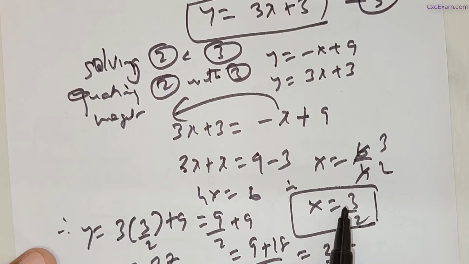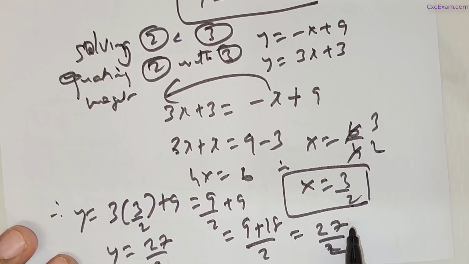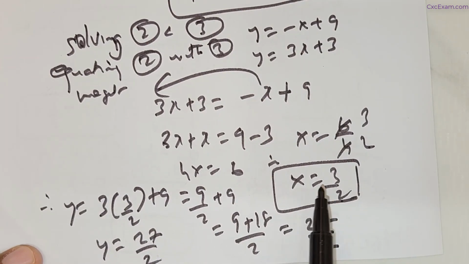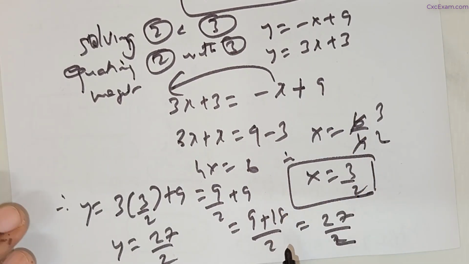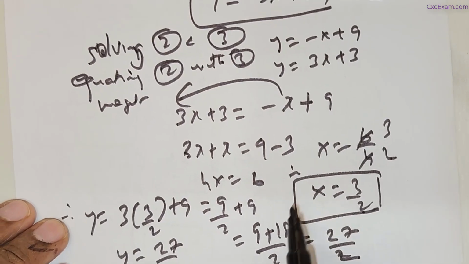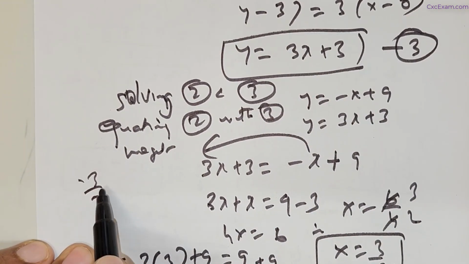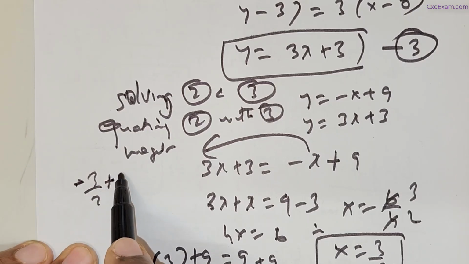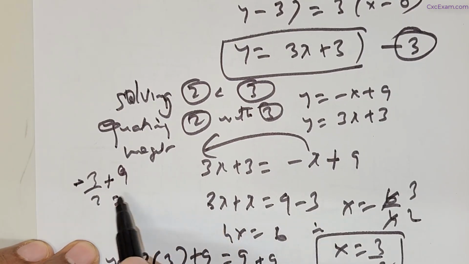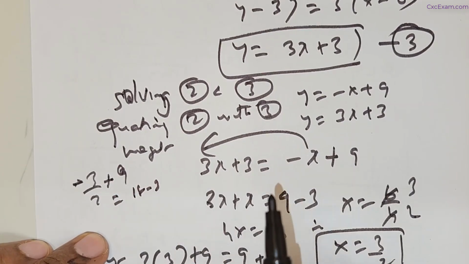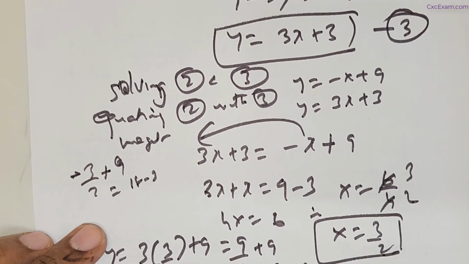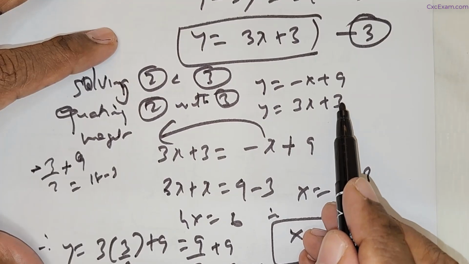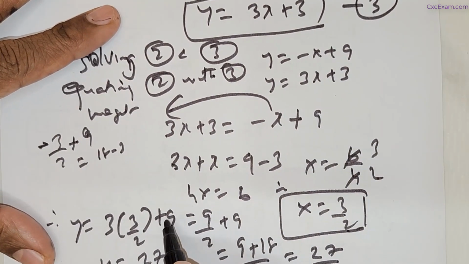So let me check that one more time. When I substitute x is equal to 3 over 2, I get 9 over 2, 18, 27. So if I had to substitute it here, what do I get? Negative 3 over 2, positive 2. I get 9 2s are 18, negative 3. Okay, there's one issue here. This is actually 3 here, but I have taken it as 9.